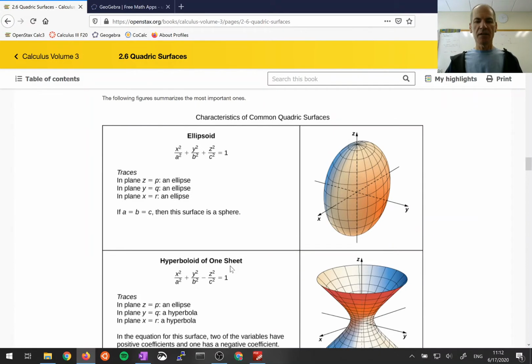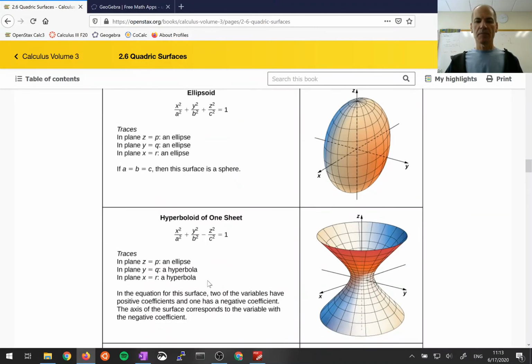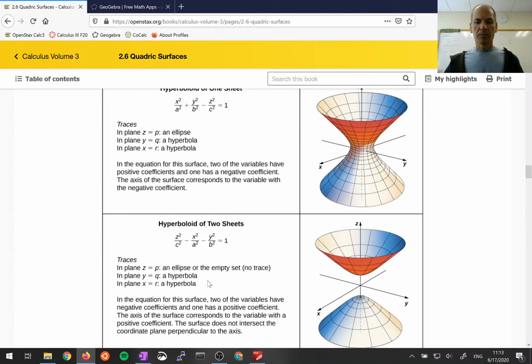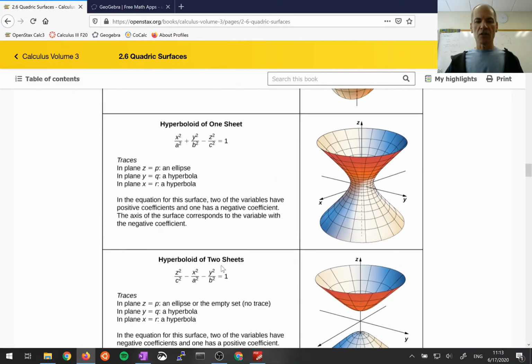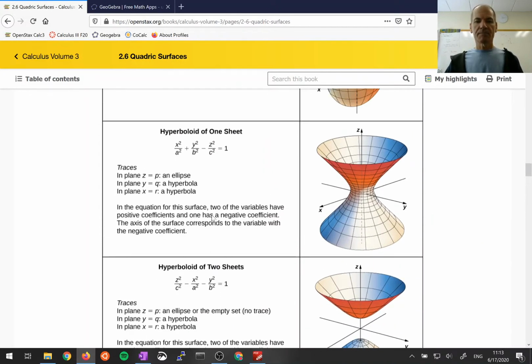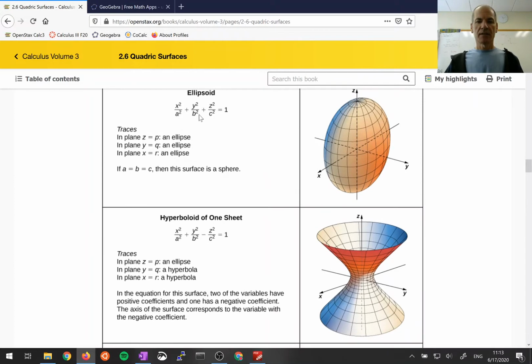If we continue, you take this same equation and you change the sign on one of the terms. So this was plus here, now it's minus. You get the hyperboloid of one sheet.